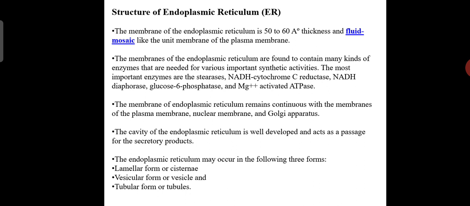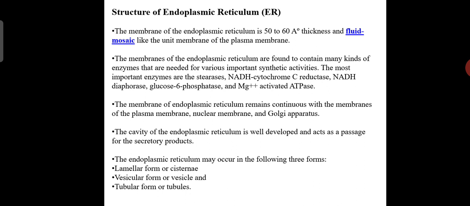The most important are steroids, NADH cytochrome C reductase, NADH diaphorase, glucose 6 phosphatase and Mg++ activated ATPase. The membrane of the endoplasmic reticulum remains continuous with the membranes of the plasma membrane, nuclear membrane and Golgi apparatus. The activity of the endoplasmic reticulum is well developed and acts as a passage for the secretory products.